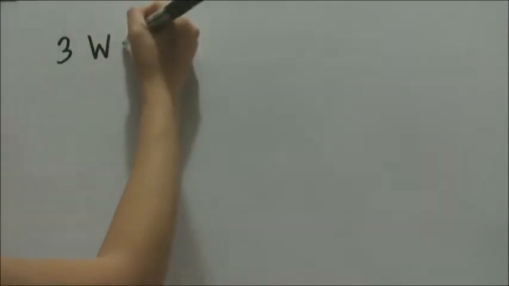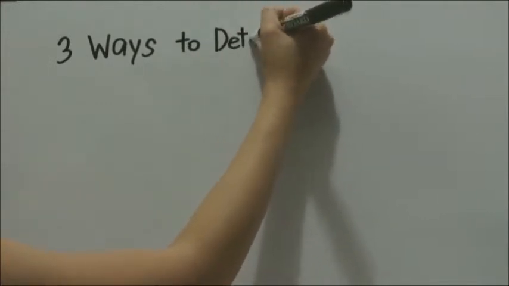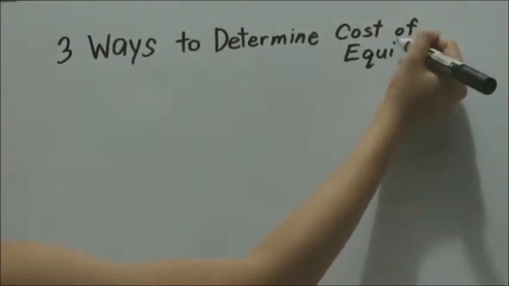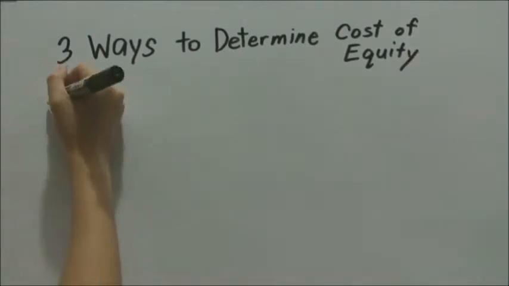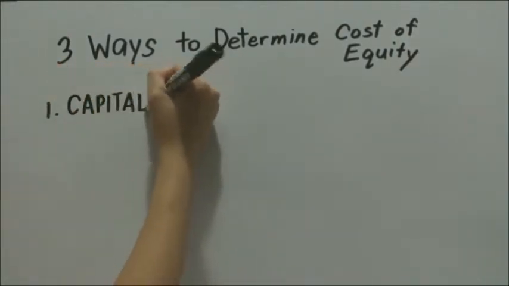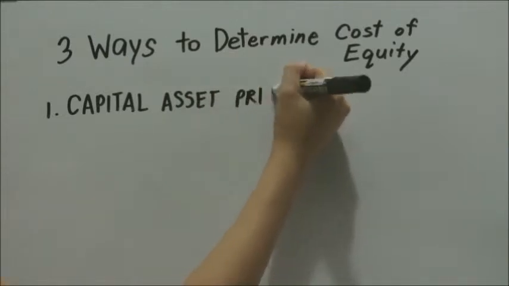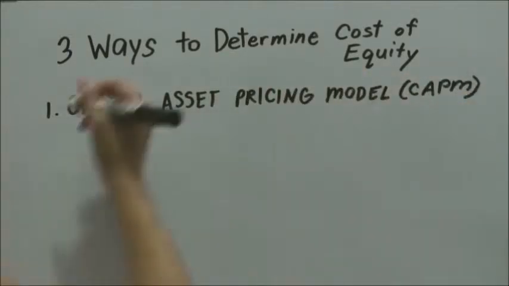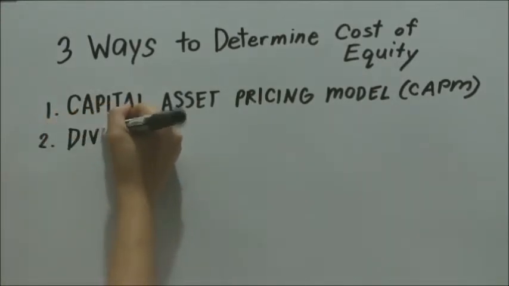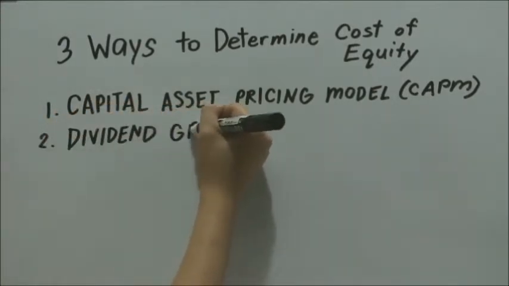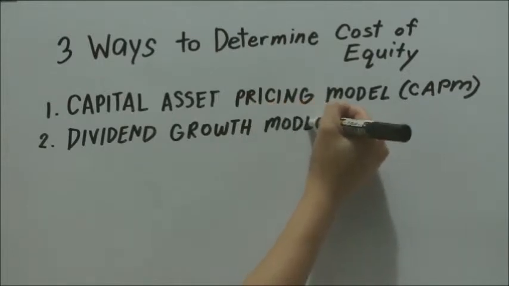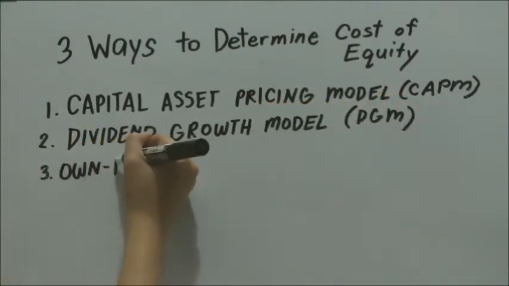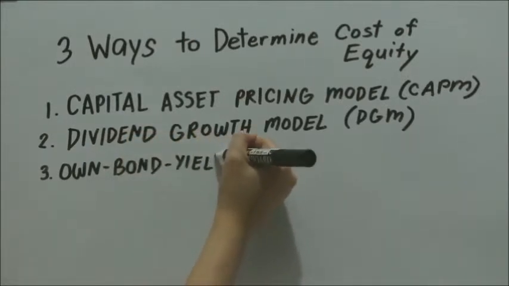There are three ways to determine the cost of common equity. First is the capital asset pricing model. Second is the dividend growth model. And third is the own-bond yield plus risk premium.